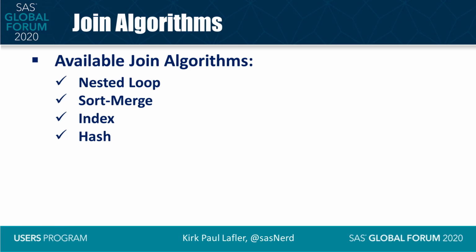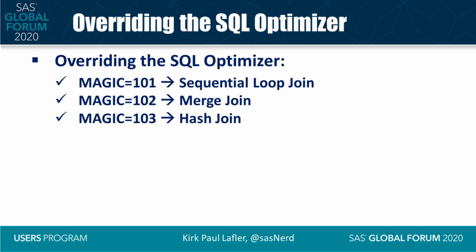We can override the SQL optimizer by forcing it to execute a sequential loop join with magic=101, or magic=102 for a merge join, or magic=103 for a hash join. Now, don't put this override in production code. Let the optimizer make the choice. But during testing, it can be very useful.